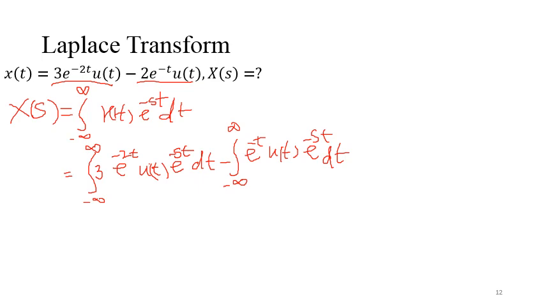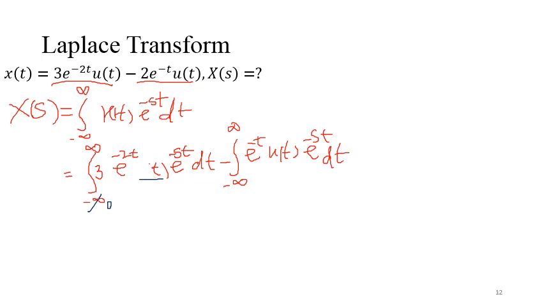Okay, because we have a step function multiplied here, and you understand the unit step function is 1 only when its argument is equal to or greater than 0. So the integration cannot be from minus infinity, it can be from 0, and we can remove this term, right?